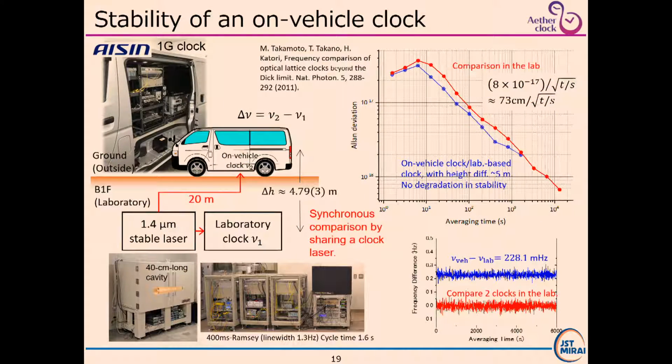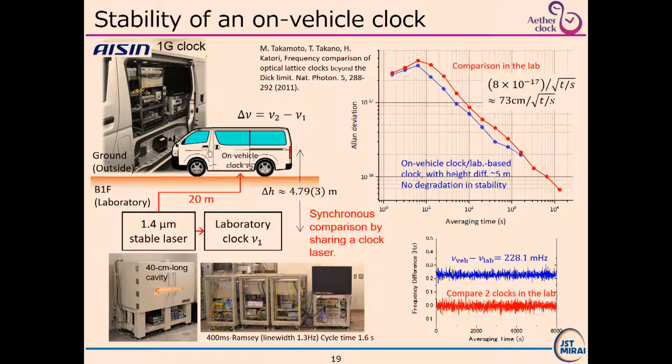And this is the stability of our transportable on-vehicle clock. We installed the first-generation clock into a van. It's a small van, a Toyota HiAce. This is because we have a collaboration with IC, which is a group company of Toyota. So this is the stability.